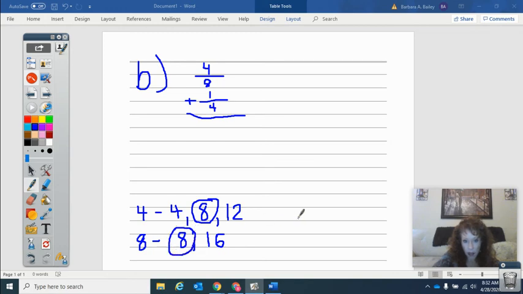So my lowest common multiple is 8. And so I want to use 8 as my common denominator. So that means I'm going to have an 8 here. And I'm going to have an 8 here so that I can add them.